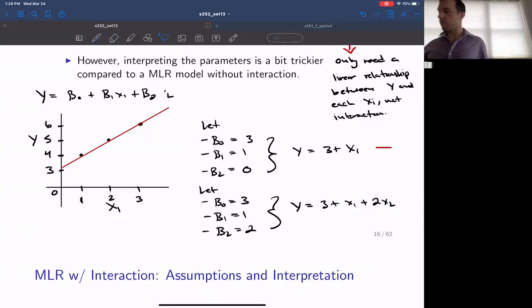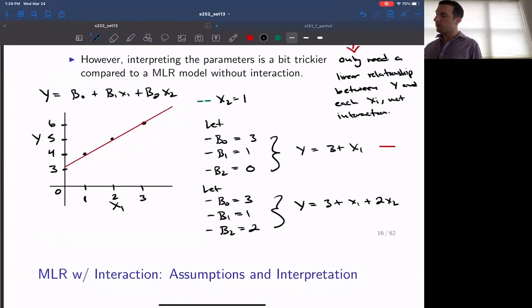All right, now, if we want to plot the relationship here between y and x1, the only way we can do this is if we fix a value of x2. So I'm going to use dashed green lines here. Suppose that this represents x2 equal to 1.